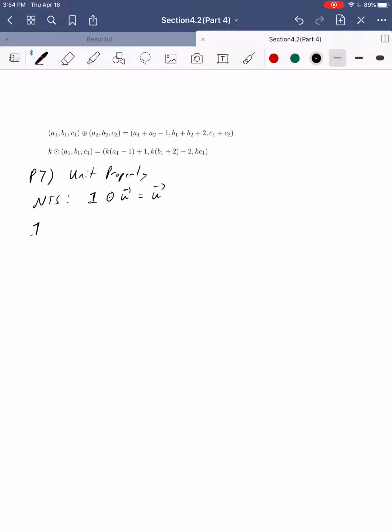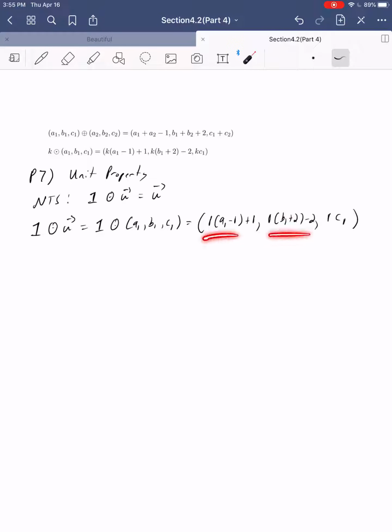So let's do that. 1 with u is actually 1 with (a1, b1, c1). So according to this definition, what we would do then is we'd have 1 times a1 minus 1 plus 1, 1 times b1 plus 2 minus 2, and 1 times c1.